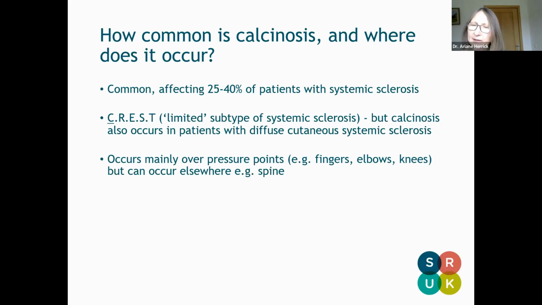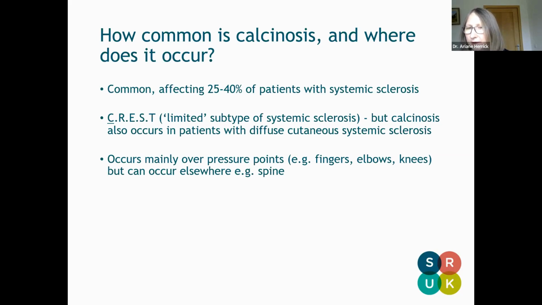CREST was a slightly confusing term, but it really is just an acronym for five of the clinical features of scleroderma. One of the reasons why some of us don't like the term so much now is that you can get all the features of CREST in the diffuse type of scleroderma, so it's not really useful in separating out the two subtypes. And you can actually get calcinosis in diffuse cutaneous scleroderma. It's not just patients with limited cutaneous scleroderma.